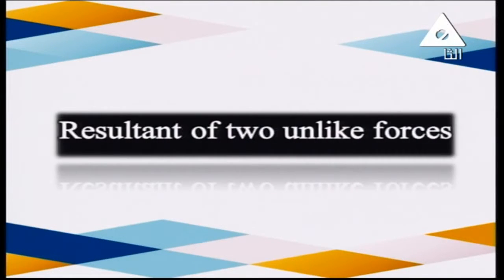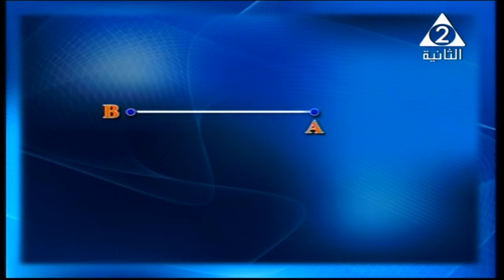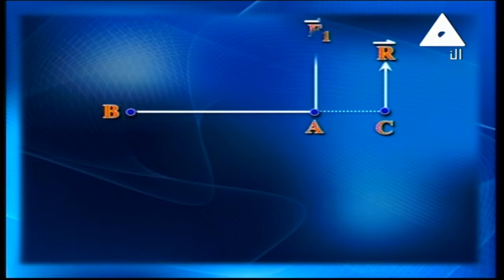Resultant of two unlike forces in opposite directions. Look, my dear student. In the opposite figure, we have two forces, F1 and F2, in opposite directions. What is R?